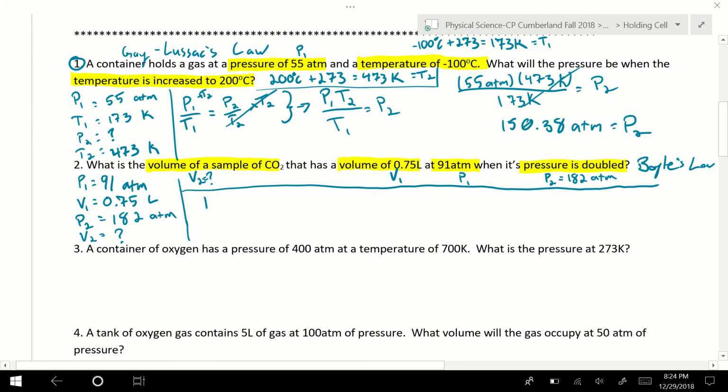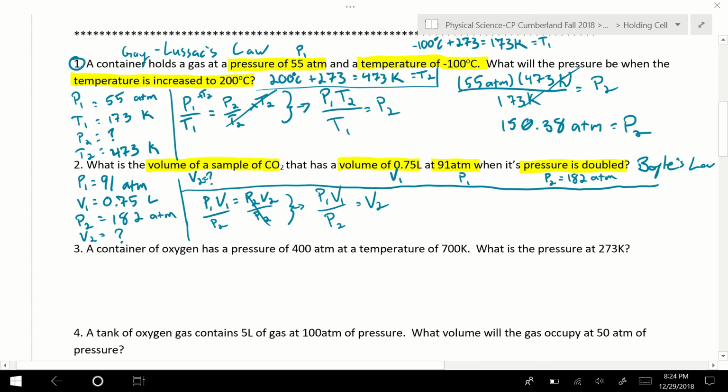So real quick, I'll set up my equation. Do some movements to divide both sides by P2. I can get V2 alone, which is what we want. That'll cancel out. That will lead us to pressure 1 times volume 1 divided by pressure 2 now equals V2.